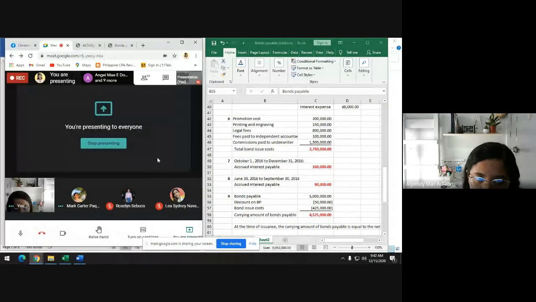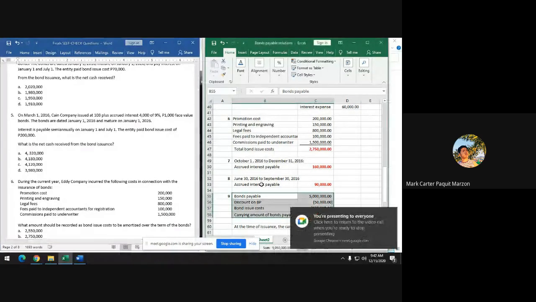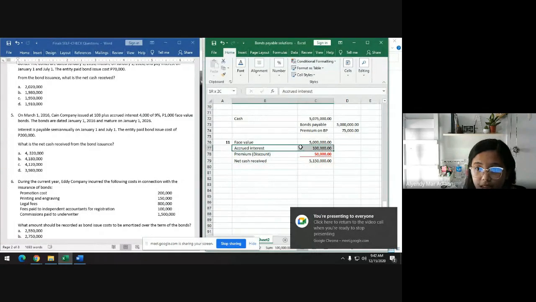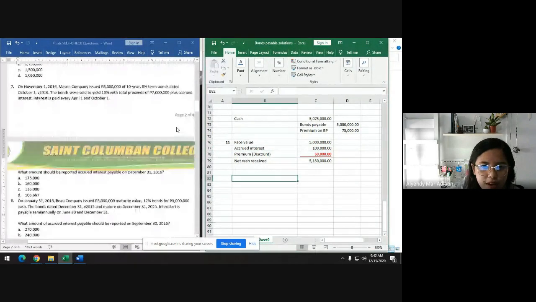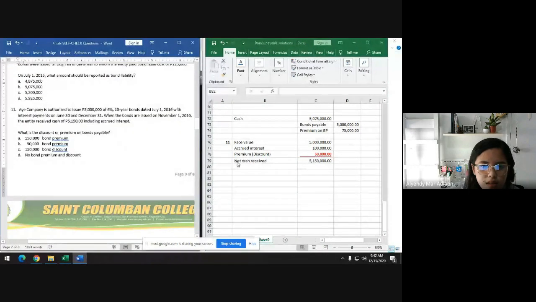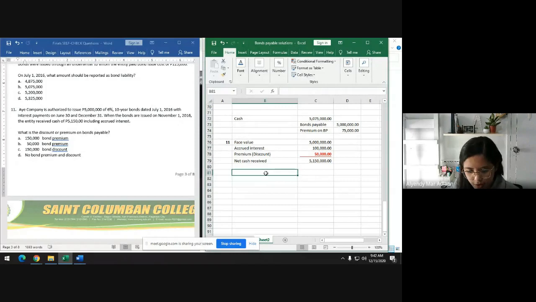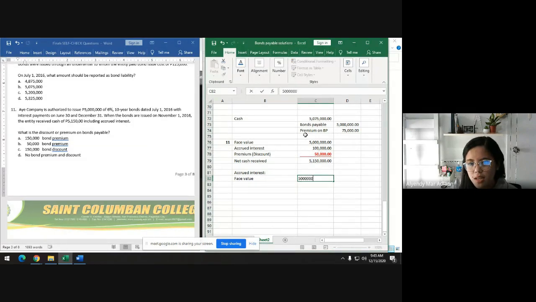Can we go back to the accrued interest in number 11? In computing the accrued interest, let me break it down quickly. Accrued interest would be the face value, that is 5 million, and then the interest rate of 6%.